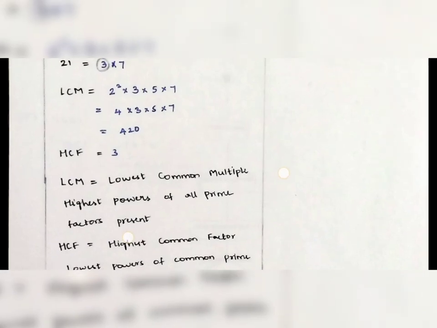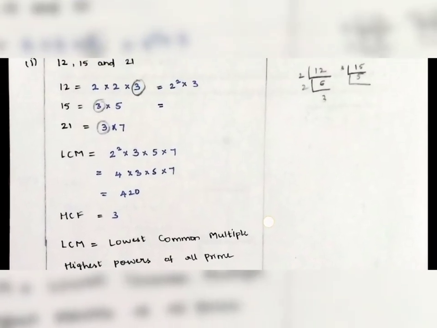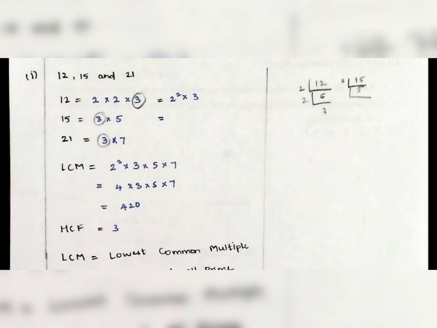In 12 we have 2 square into 3. We have taken 2 square into 3, and we have taken 3 only once, because in 15 also 3 is there, in 21 also 3 is there, which is common. That we are not taking again, only 3 power 1. And 5 power 1 and 7 power 1. If we multiply all those things, we will get 420.